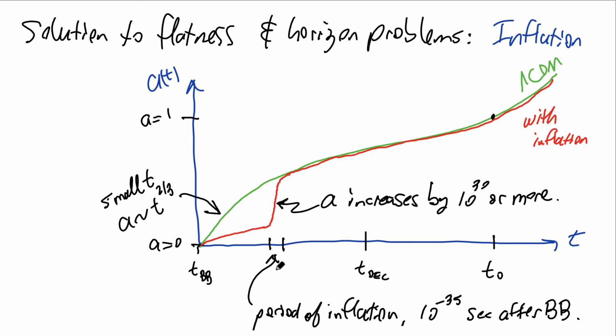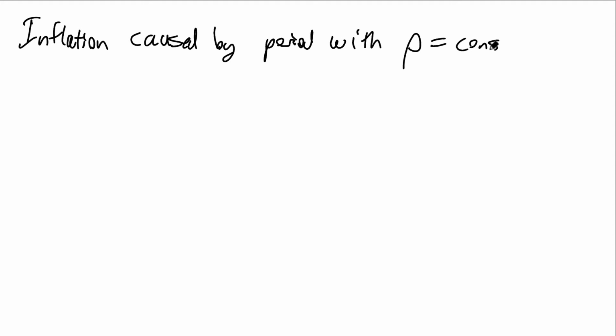So what could cause the universe to expand like this? Well, one possibility is that the energy density goes through a period where it's dominated by a constant component. So inflation could be caused by a period with constant energy density, constant meaning independent of the scale factor. An example of constant energy density is dark energy.